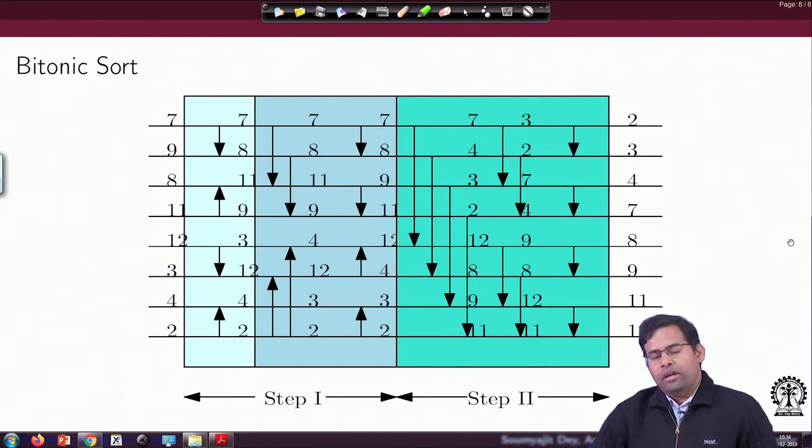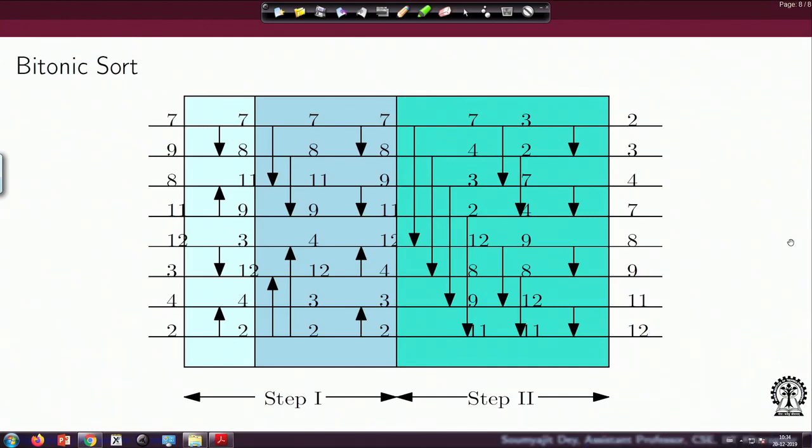When we apply step 2 on smaller instances and combine them, that's giving me step 1. With this understanding, we will end this lecture and discuss the details of step 2 in the next lecture. Thank you.